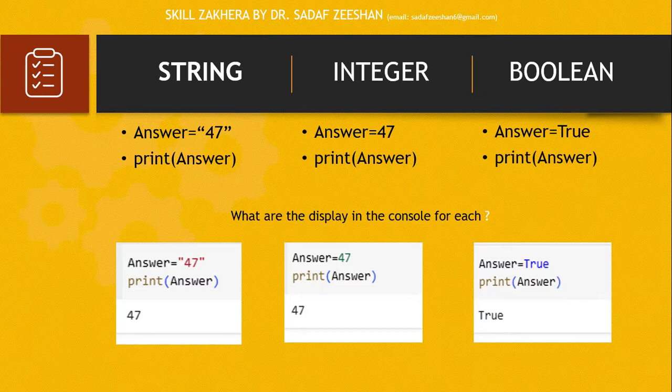In the first case, it is going to display whatever is written in the double quote, in this case, 47. In the second case, it's an integer, so it is going to display the number 47. And in the third case, it is going to display true because it can only display answer as true or false.